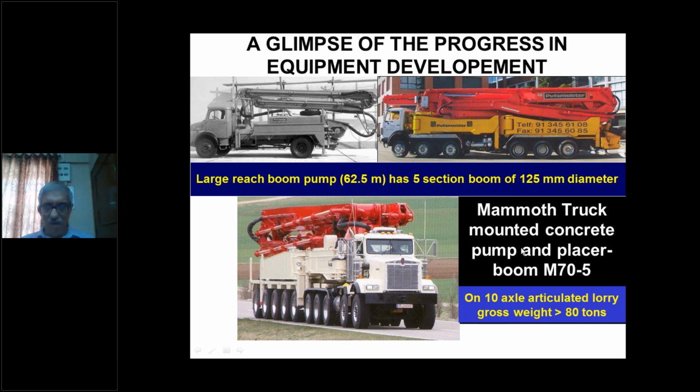But later on, a mammoth truck-mounted placer boom came into being, 70 meters long, and the entire unit was on 10 axle trucks. This unit was on 6 axle trucks.